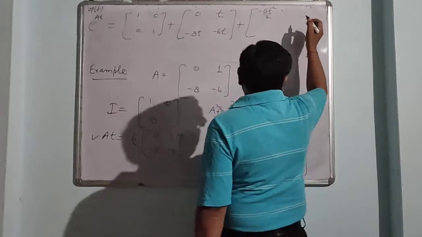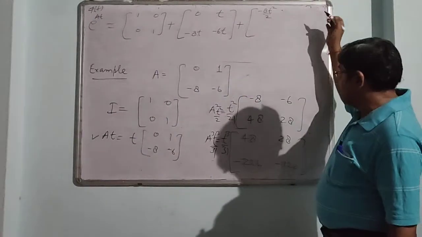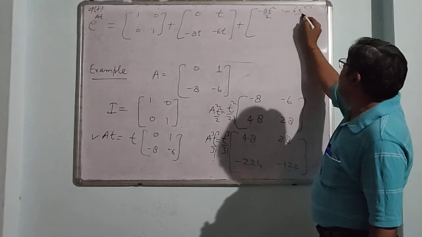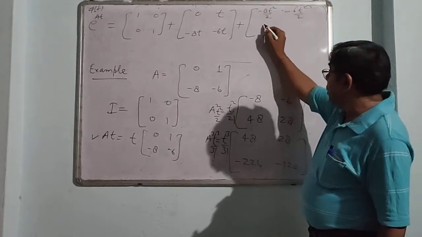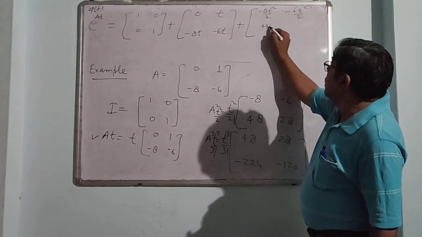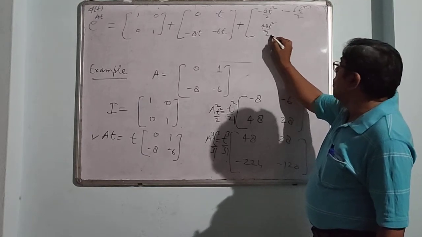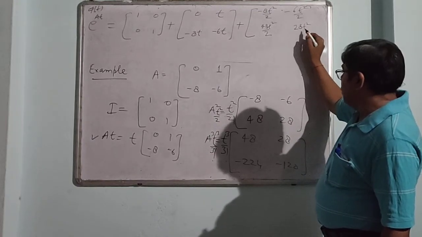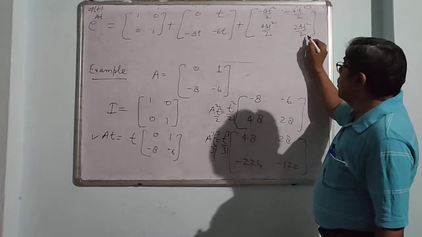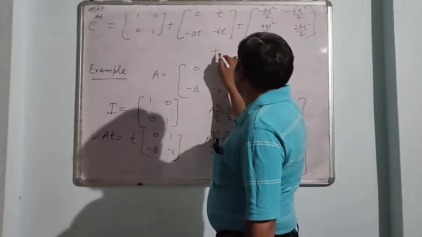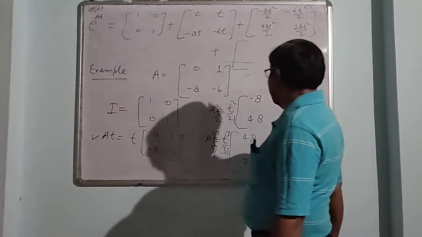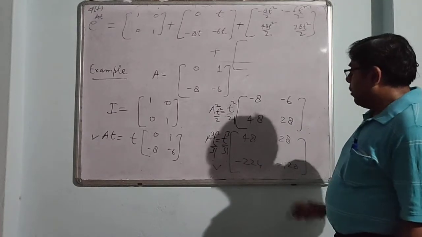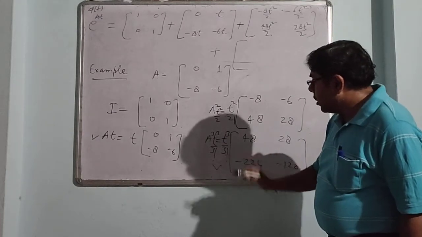Factorial 2 is 2. The next one is minus 6t square upon 2. This one is 48t square upon 2. Next one is 28t square upon 2, plus next term is this one after calculation. This is factorial 3. Factorial 3 means 6.